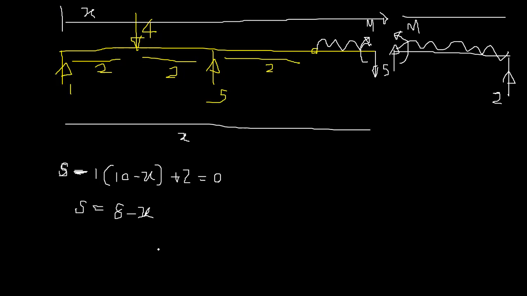That means shear would be a function of x in this region, right? So x is in between 10 and 6, right? For bending moment, you can write like this, right?